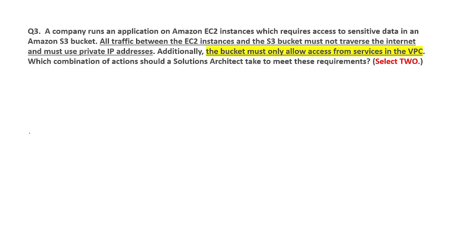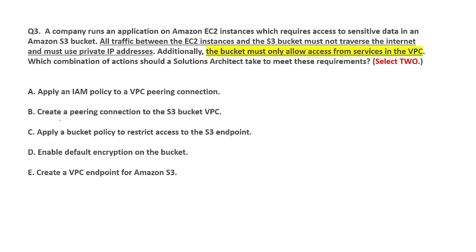Additionally, the bucket must only allow access from services in a VPC. Which combination of actions should a solutions architect take to meet this requirement? They are asking to select 2. So below are the options. Let's reveal the tips, and we'll go through the options one by one.